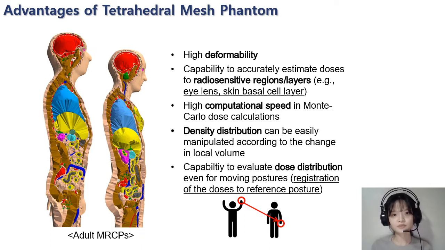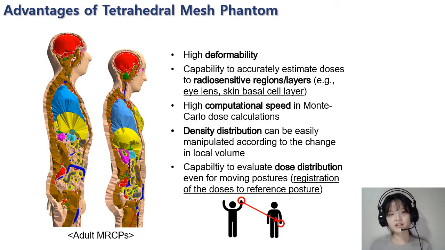The next two reasons are about the characteristic of the tetrahedral mesh, that it is a volume mesh. Firstly, as the tetrahedral mesh is a volume mesh, it consists of a number of tetrahedra with confined volumes, so that local density can be easily manipulated.